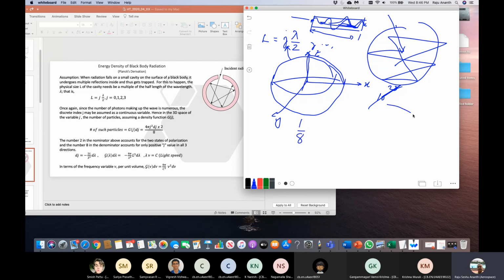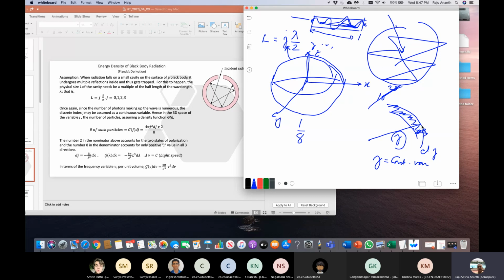So if I have a sphere of radius j, how many such particles exist in a small radius dj? Remember, even though j was discrete, I'm going to consider it a continuous variable because the number of particles inside is very, very high.